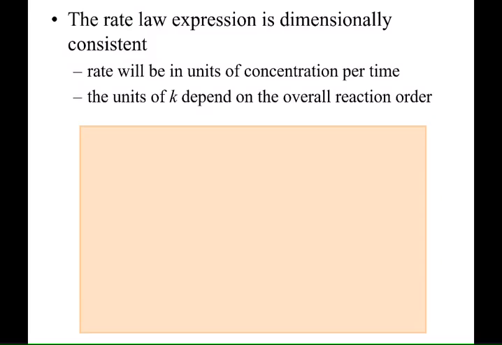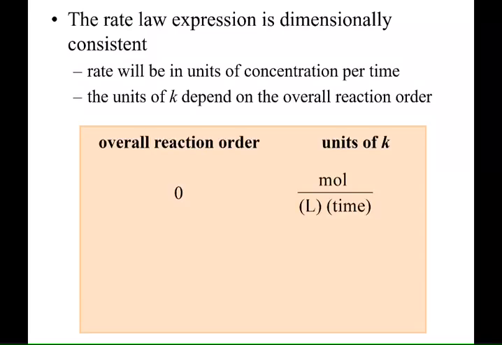So here's how this works. You can kind of try it out, convince yourself if you want. But if your overall reaction order, you add these up and it's 0, then that means that there's no effect by anything here. So if your rate needs to be moles per liter per second, then your K must be moles per liter per second. If it's overall 0 reaction, which is kind of weird, then your K is moles per liter per second.